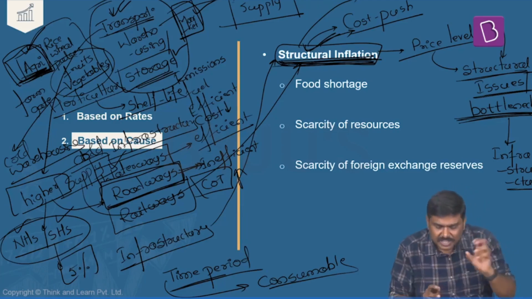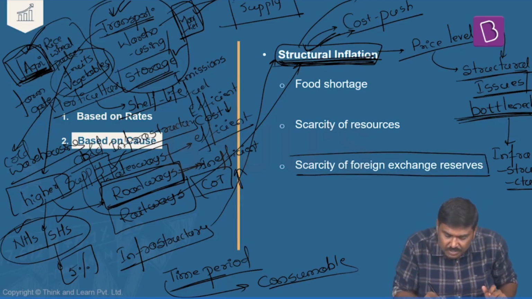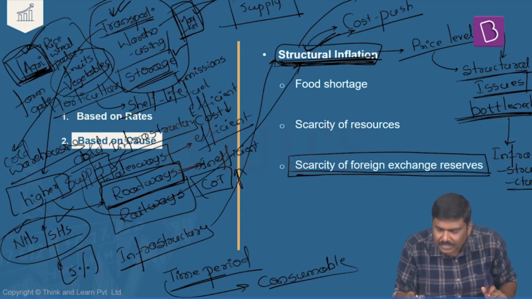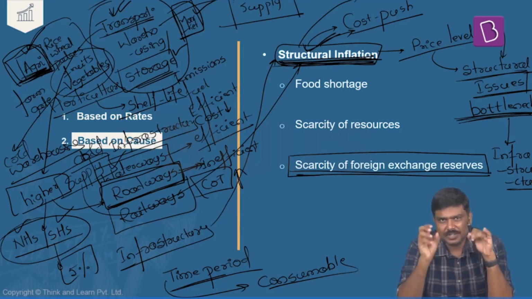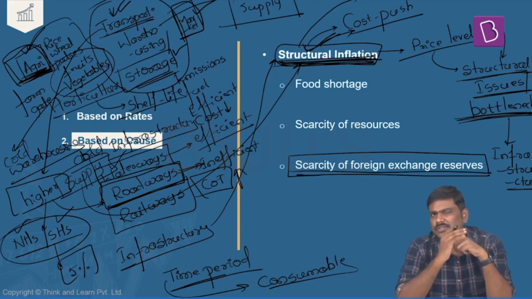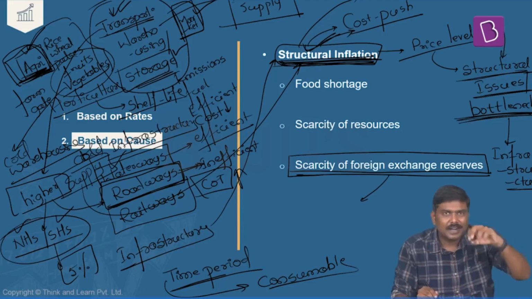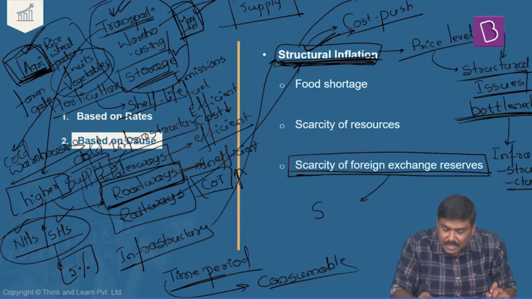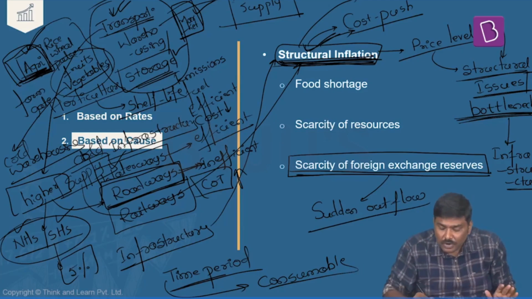Now, in addition to this explanation, I've given one cause here: scarcity of foreign exchange reserve. Now, how is it connected to cost push inflation? Let me elaborate on this. Follow this very carefully. At certain periods of time, as I told you earlier, there is a sudden outflow of forex reserves, that is, a sudden outflow of foreign currencies from the domestic market.